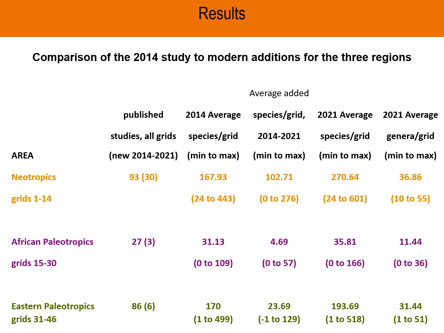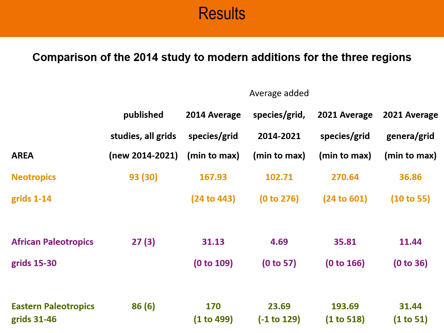Work is still in progress on distribution modeling at finer scales. The total number of unique species grid observations increased from 5,569 to 7,461, and sampling effort has increased, especially in several neotropical grids, but also in some of the Eastern Paleotropics.